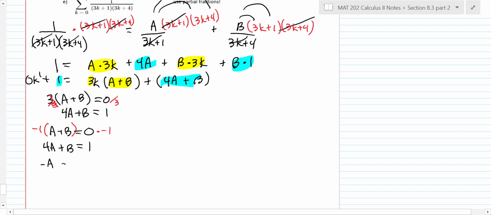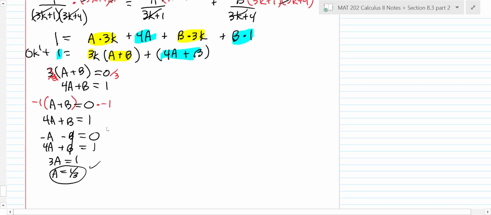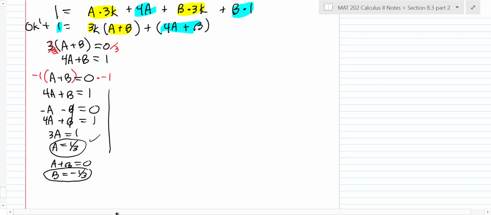So that's -A minus B equals 0, and then 4A plus B equals 1. Cross that out, and that gives 3A equals 1. Divide by 3, and you get A equals 1/3. Then going back to the equation A plus B equals 0, B is going to have to be negative 1/3.